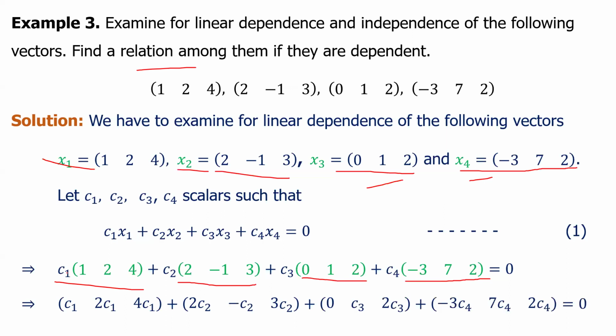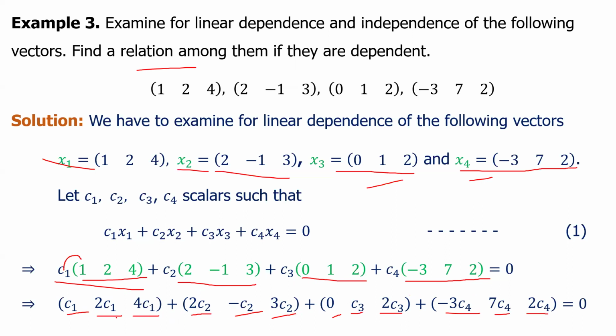If we open the bracket, or multiply C1 with all the elements, we have C1, 2C1, 4C1. Here 2C2, minus C2, 3C2. Similarly, here 0, C3, 2C3, and minus 3C4, 7C4, and 2C4 equal to 0.